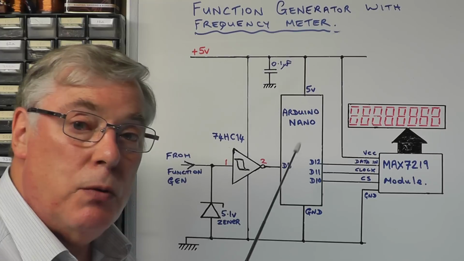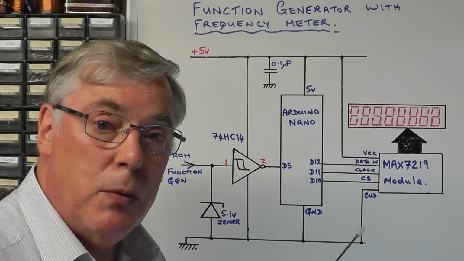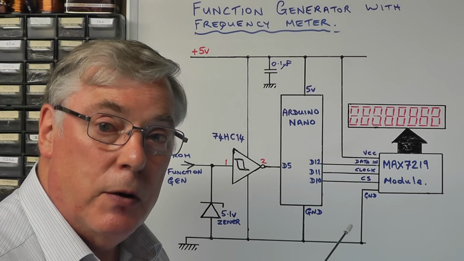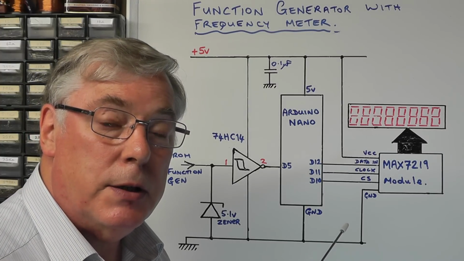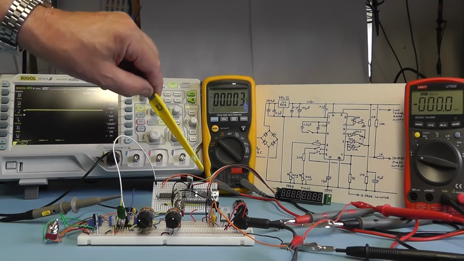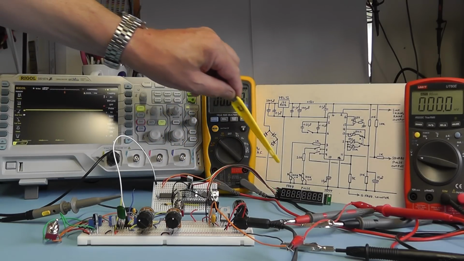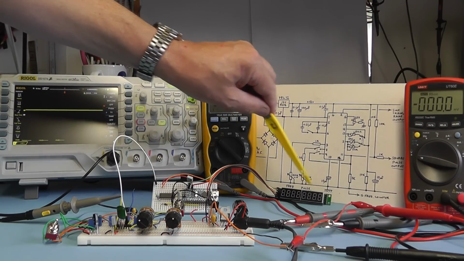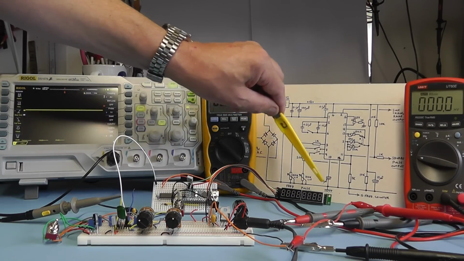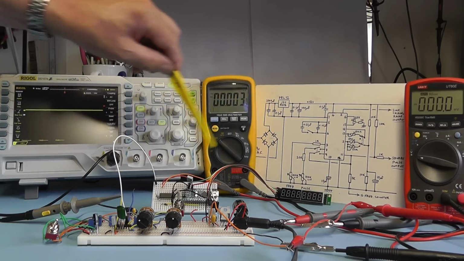So what we'll do now is we'll build this up on a breadboard and then couple that up with the previous breadboard we had earlier with our function generator IC on. So let's go and have a look at that now. Right, here we now have the Arduino Nano. That's wired up to the 7-segment, the 8-digit display there, which has also got the MAX7219 IC on there.